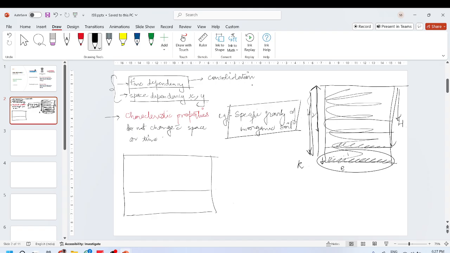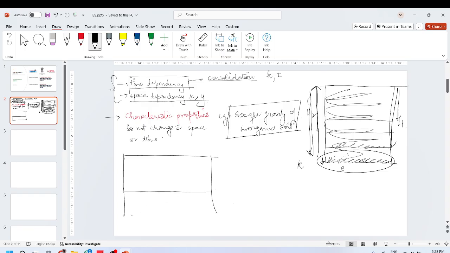So basically, this is about the interaction of your permeability and, let us say, time. In last class I defined this.